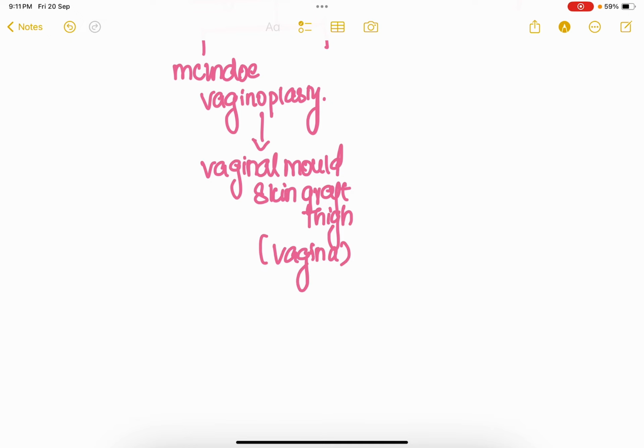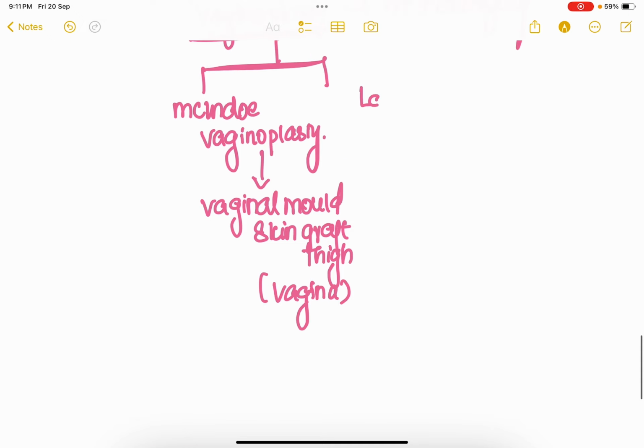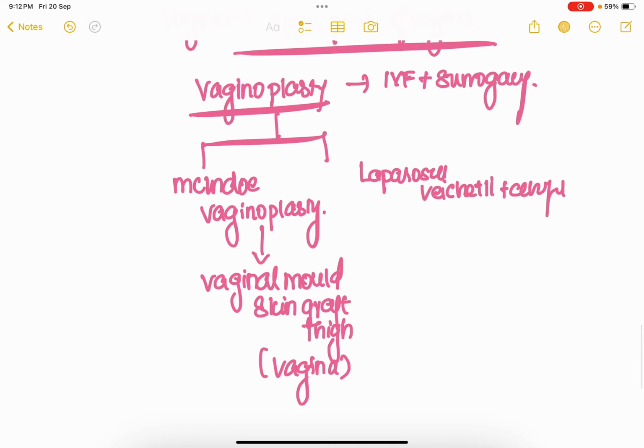The other technique is the laparoscopic technique. Through laparoscopy, they are going to create a vaginal opening, the laparoscopic Vecchietti technique. So these are the common techniques of vaginoplasty.